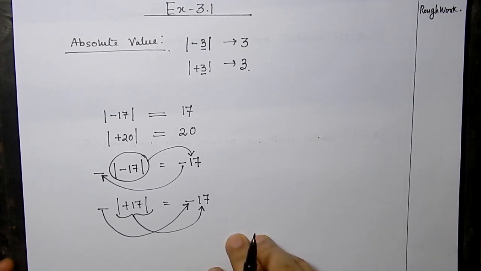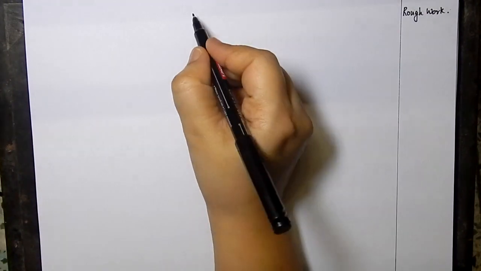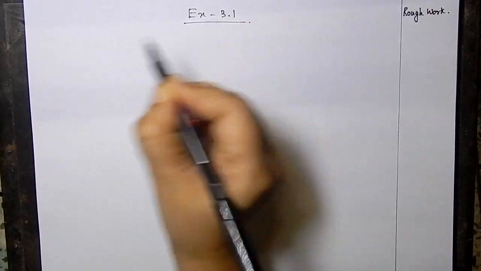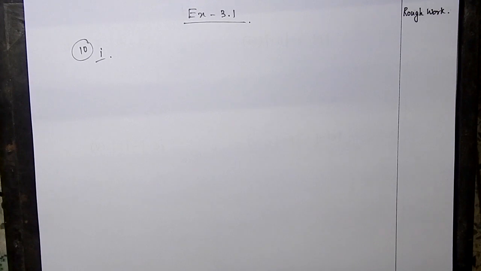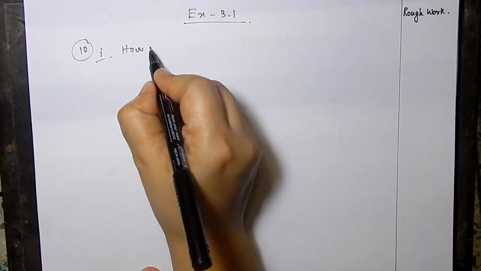Now let us move on to the next question, question number 10. Let us start with question number 10, exercise 3.1. So part 1. Let's read the question. How many integers between -15 and -7?